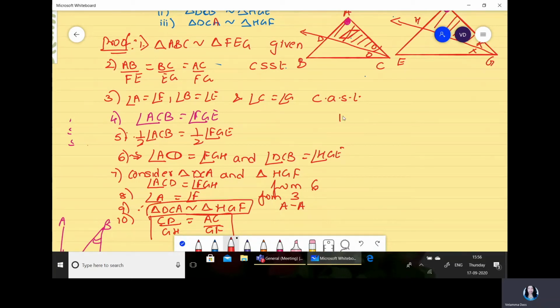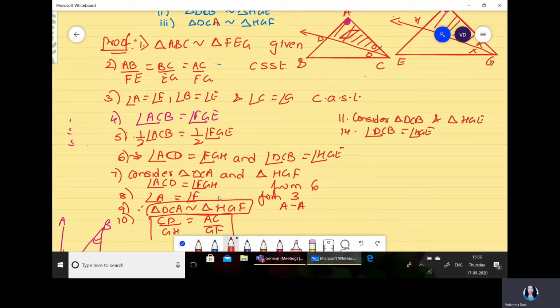Similarly, to prove the next part, DCB, again you will take the same steps. Consider triangle DCB and triangle HGE. After considering the triangles, again we say the same argument: angle DCB is equal to HGE.